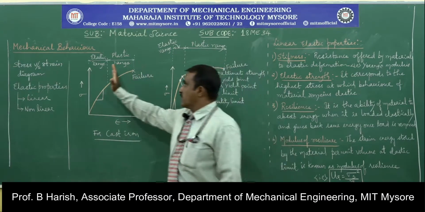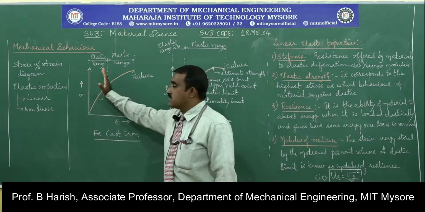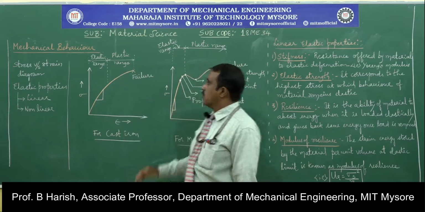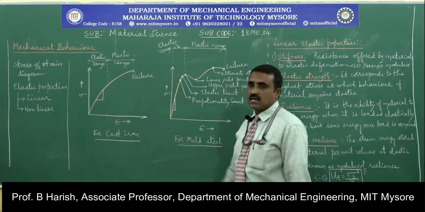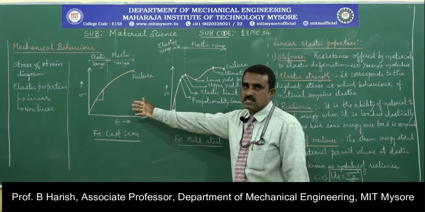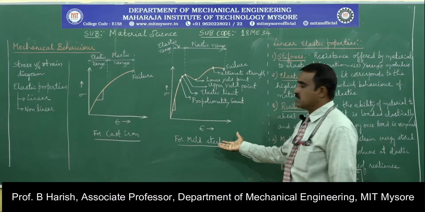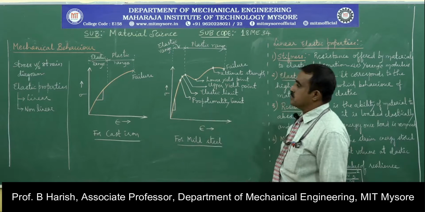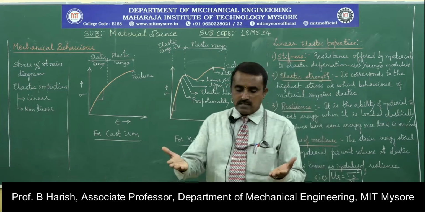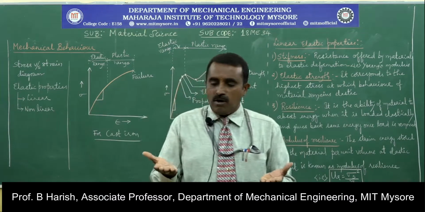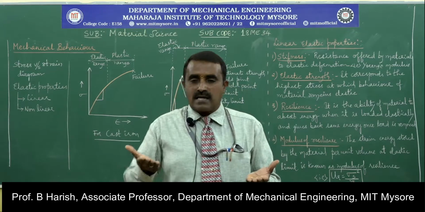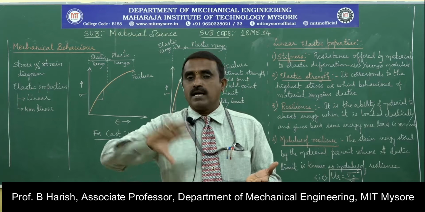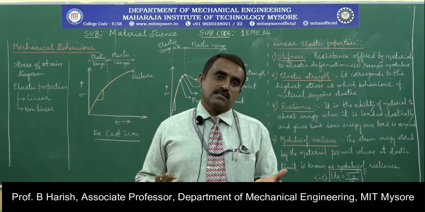So we can have two regions: one is the elastic region and the other is the plastic region. This is how the stress-strain curve looks for cast iron, a brittle material. Similarly, here is one more curve, for a ductile material. In the case of a brittle material, as I just mentioned, if you drop a glass, it suddenly breaks, so we cannot study the intermediate ranges.